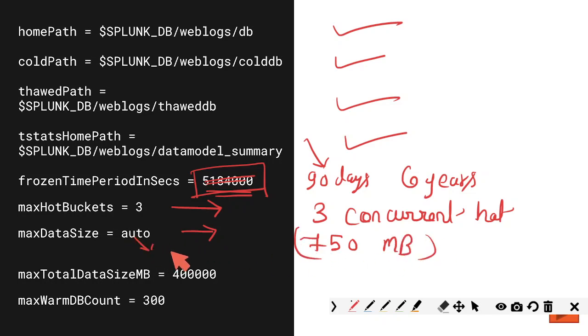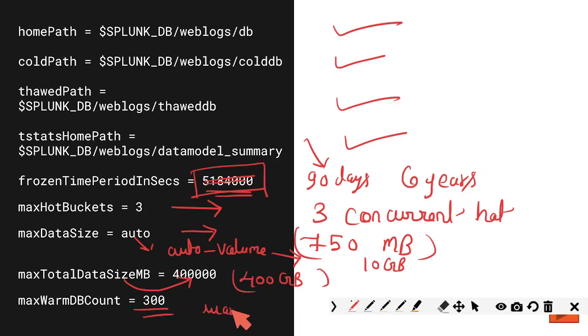If we change it to auto_high_volume, that should be applicable to large indexes, and by this parameter one particular bucket can store up to 10 GB of data. Okay. And this is corresponding to how much one particular index can store: 400 GB of data in one index. And this is the count of the warm buckets. So 300 warm buckets are allowed. Once all these buckets are filled up, the data will be getting rolled to the cold bucket.